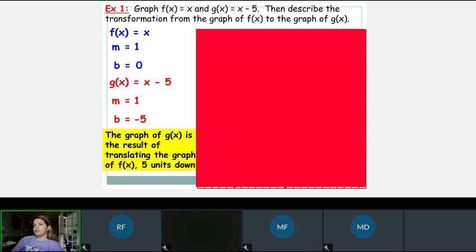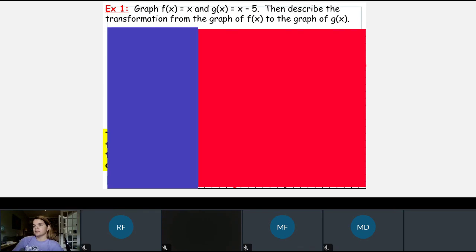All right, so let's look at this problem. It says graph f of x and g of x. So f of x equals x. That is the parent function. Okay, so that's going to have a slope of 1 and a y-intercept of 0.